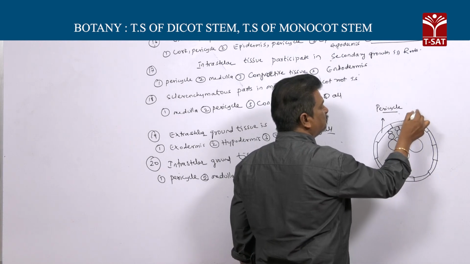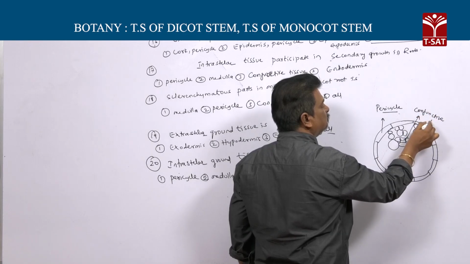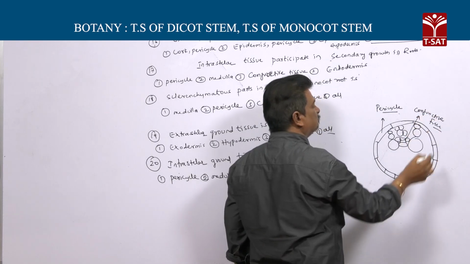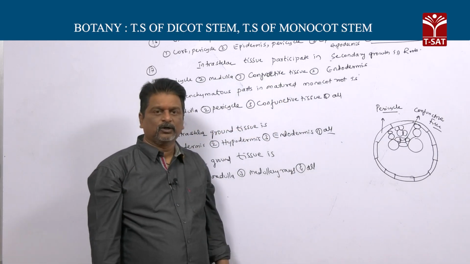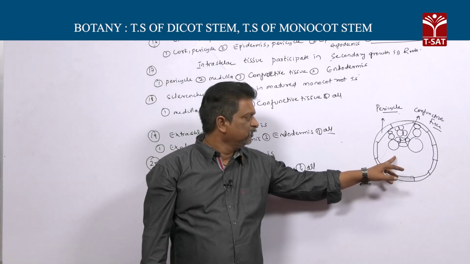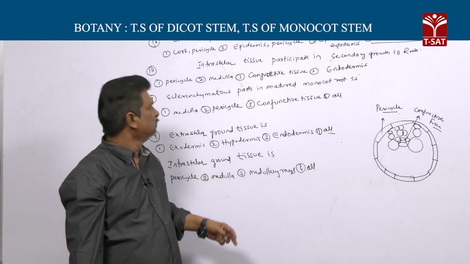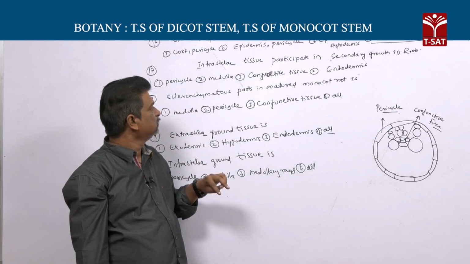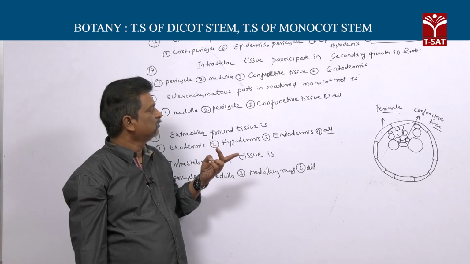That parenchymatous tissue is called conjunctive tissue. Even conjunctive tissue produces vascular cambium. So these two are present within the stele but participate in intrastelar secondary growth and also extrastelar secondary growth.